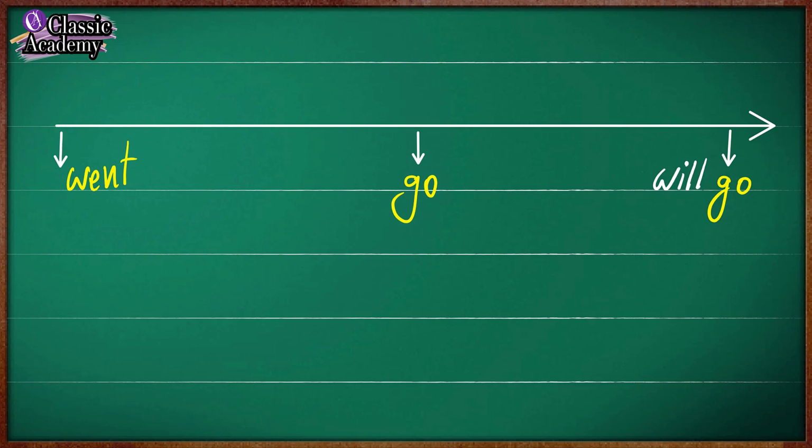Okay. This is present. This is simple present, or you can say present simple. This is past, finished. Okay, we have got no connection with this. And this is future. This will helps us to put the go in the future. It's future, and that's it.